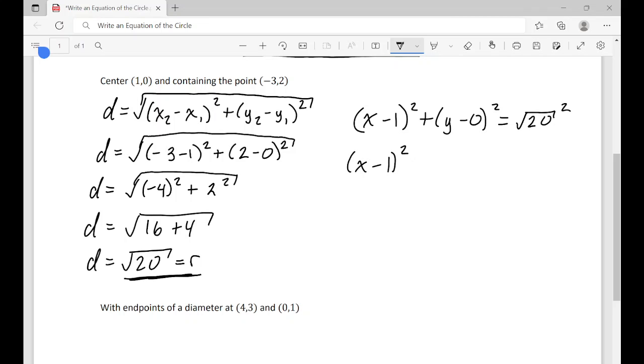That's just going to give me y², and then (√20)² is just going to be a regular 20. So this is why I don't simplify the square root of 20, because it just becomes a regular 20. So it's easier later on for simplification. In any case, this is my equation of the circle for this information given.